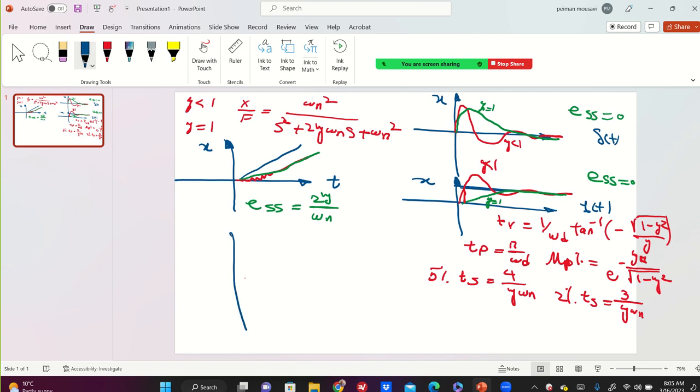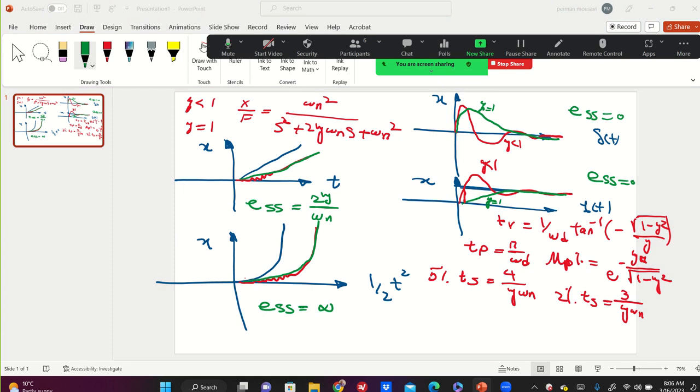So we had the parabolic 1 over t squared as the input, and here we had oscillation for the underdamped, and no oscillation for the other. And you saw that the steady state error signal obviously increases with time. Okay guys, this is the summary of what you have done for the second order system.